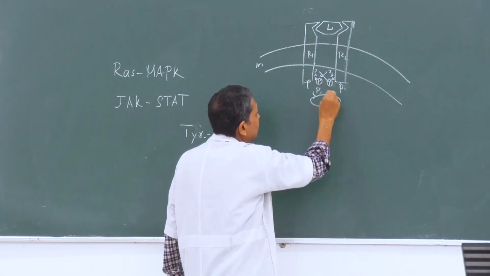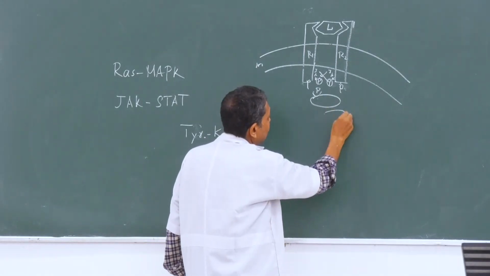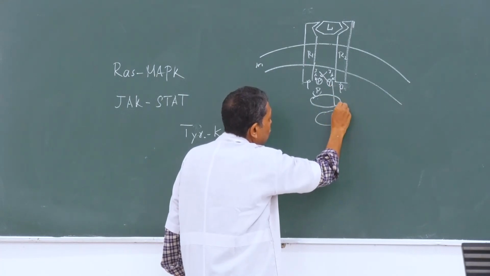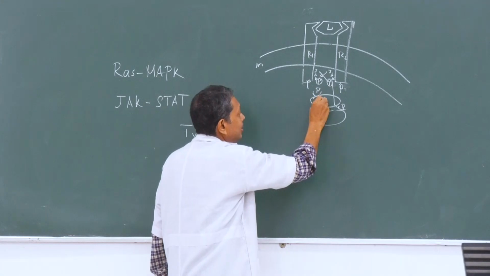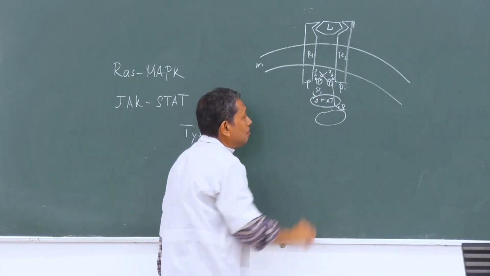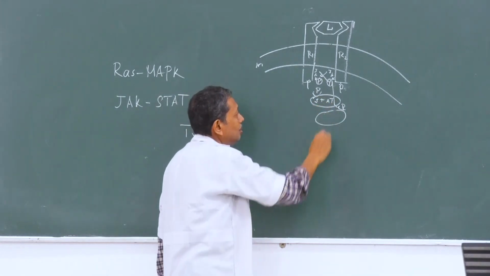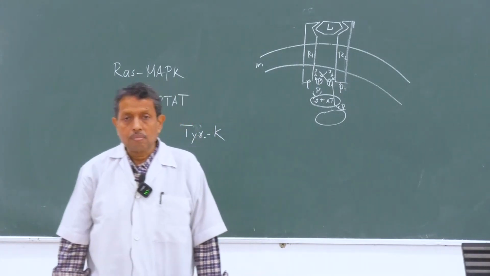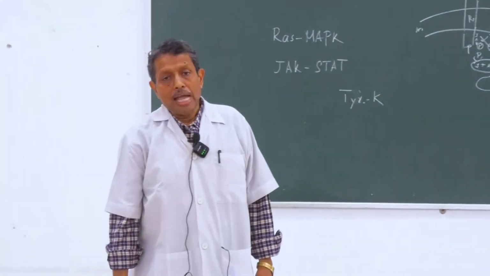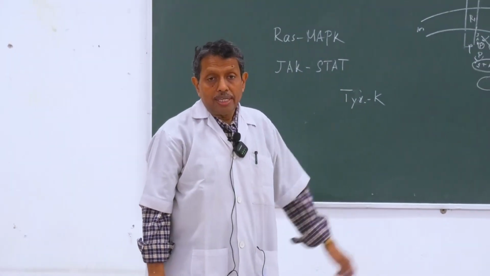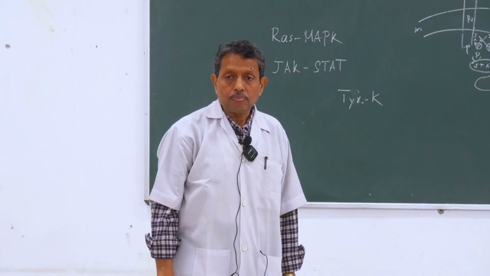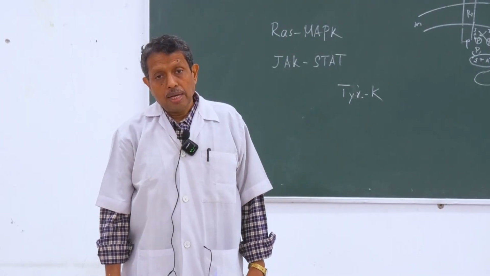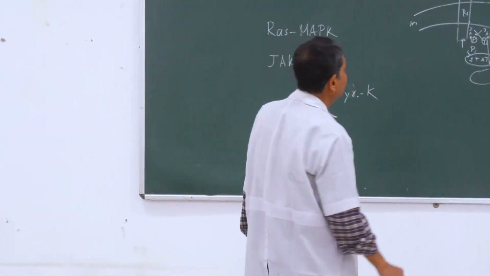They somehow cause activation of another STAT, signal transducer and activator of transcription, STAT proteins. And when it occurs, then they become phosphorylated and they form dimers, homodimers, or in some cases heterodimers. Normally, homodimers are formed.